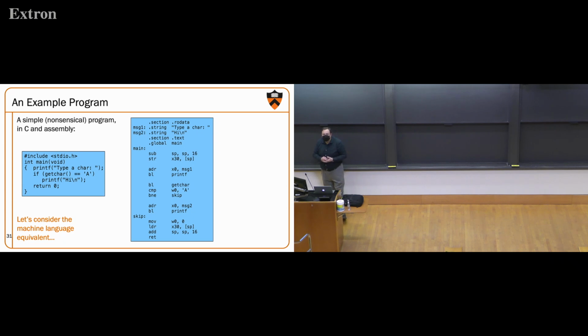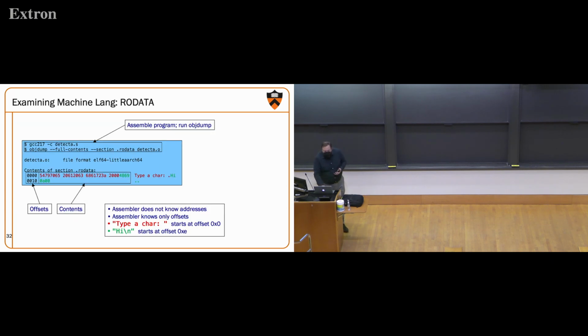All right, so we have run the assembler, gcc217 -c, the -c basically meaning stop after the assembler stage when you have output a .o file. And then we can start poking around at what is in this .o file. And the Unix command, the Linux command that we're going to use to do this is called objdump.